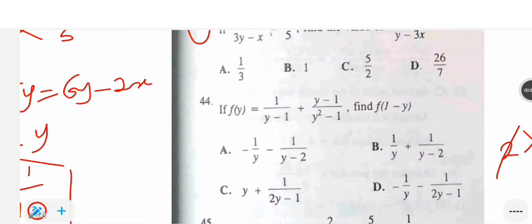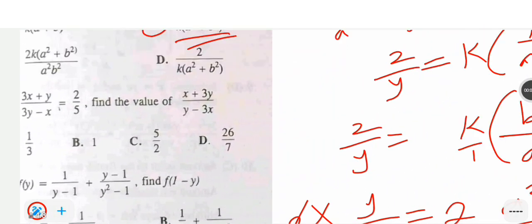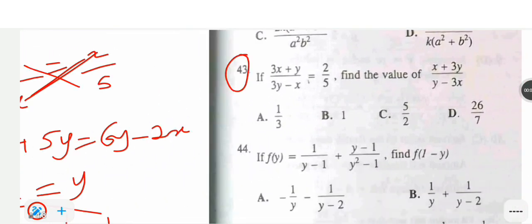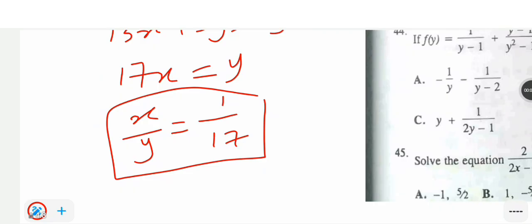So you just need to come back to this expression here, (x + 3y)/(y - 3x), and divide each term by y, because what you want to get is x over y from it. So let's do that real quick.